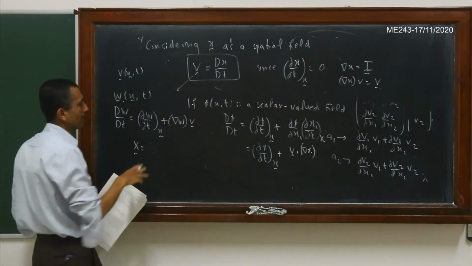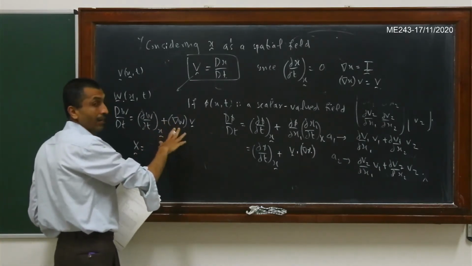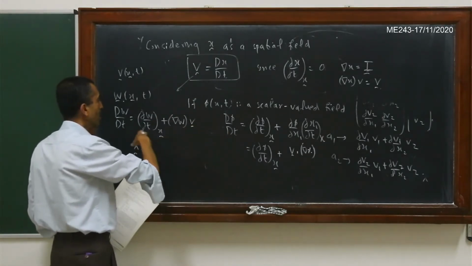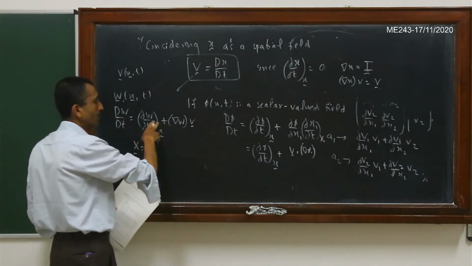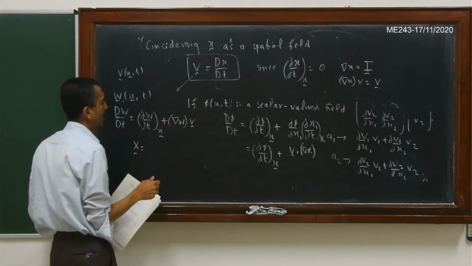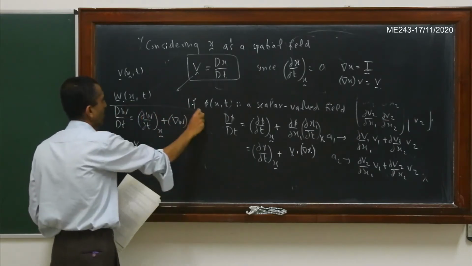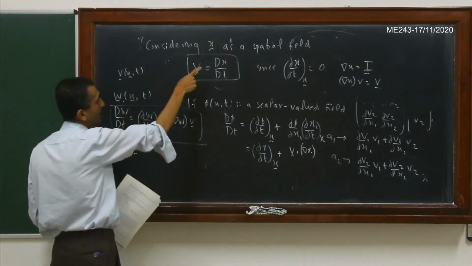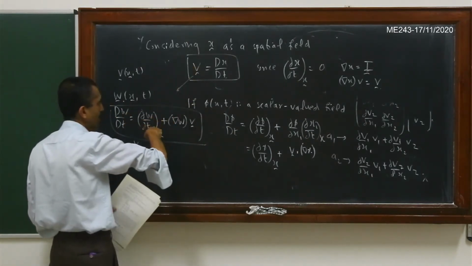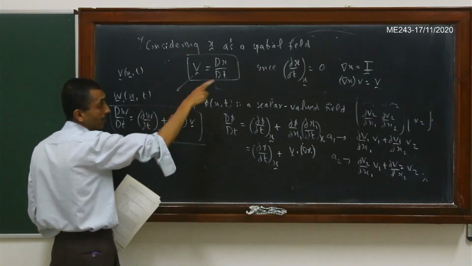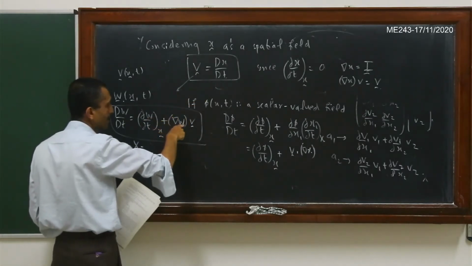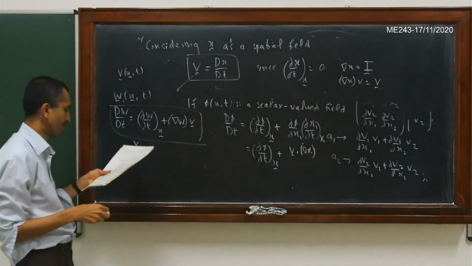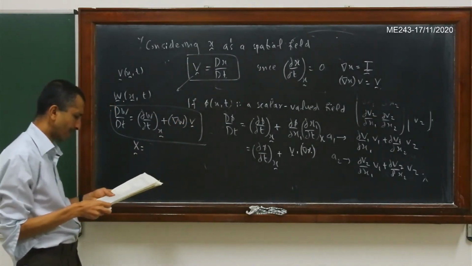The derivation of this is exactly analogous to the derivation for the velocity vector, how we found the material derivative of the velocity vector. So this is the result that you will get, and then I am simply substituting w is equal to x, and then you will get del x by del t at fixed x is equal to 0, and del x is identity, and then multiplied by v, so you will get v is equal to dx by dt here.